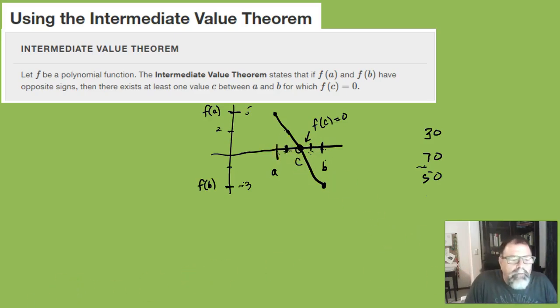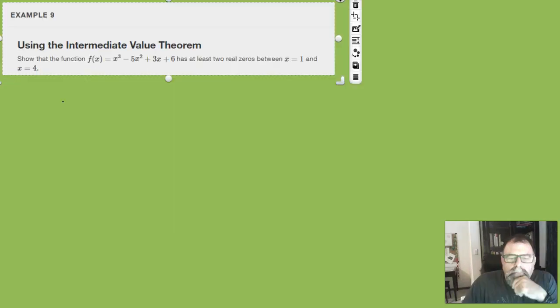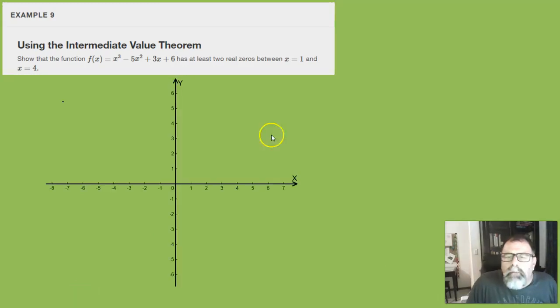All right, so let's see if we can try it using this technique. Using the intermediate value theorem, show that the function f of x equals x to the third minus 5x squared plus 3x plus 6 has at least two real zeros between x equals 1 and x equals 4. So let's make an xy table here, or f of x.